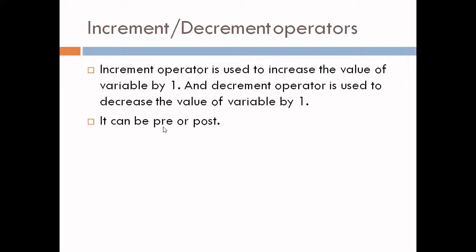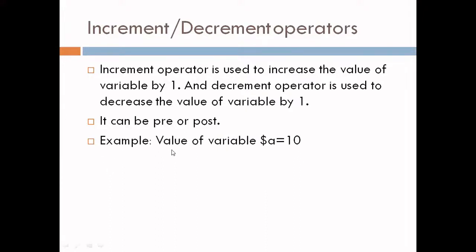If we write an increment or decrement operator before the variable name, it is known as a pre-increment or pre-decrement operator. And if we write it after the variable name, it is known as a post-increment or post-decrement operator.